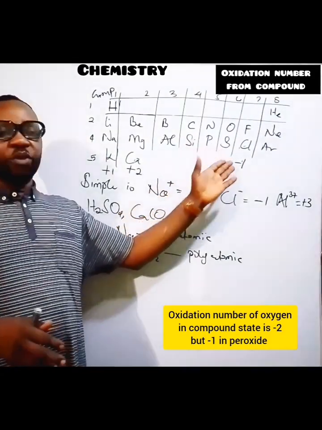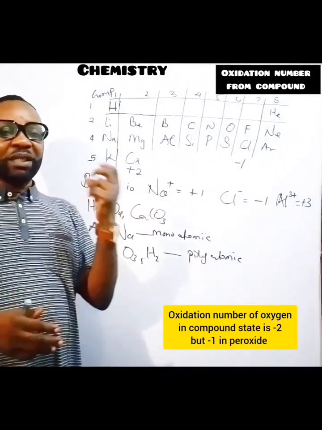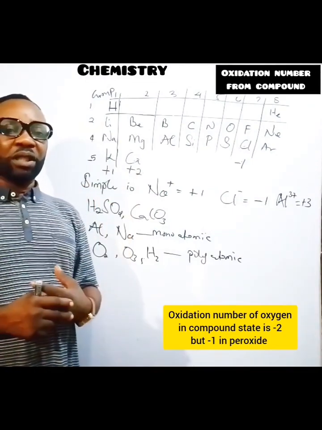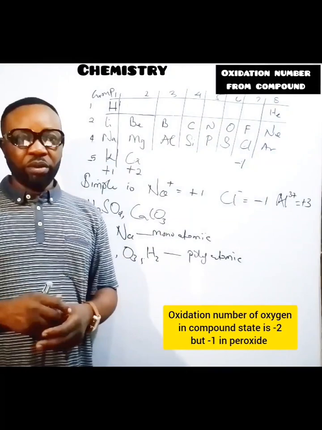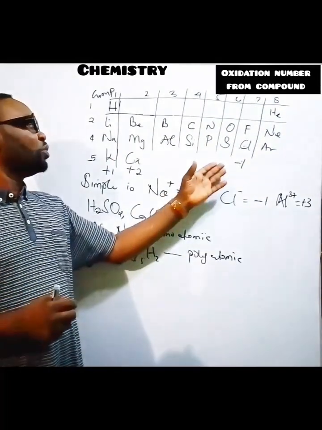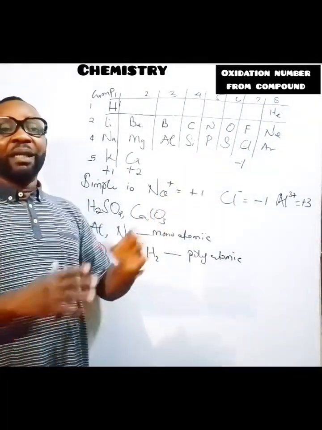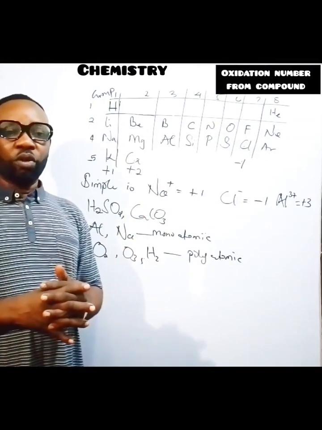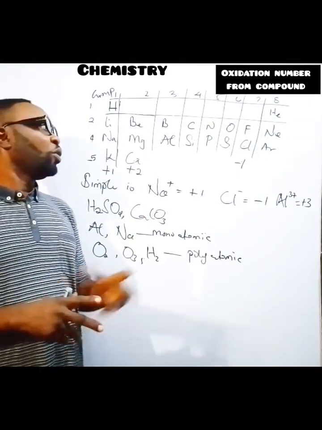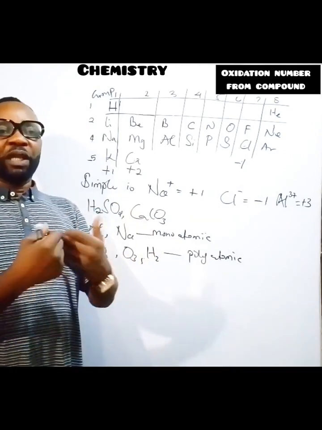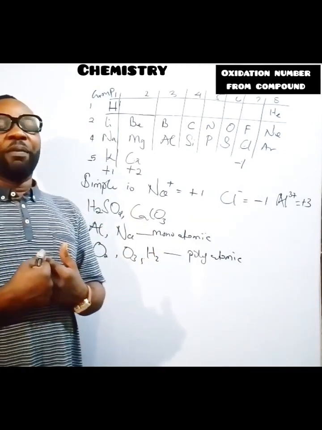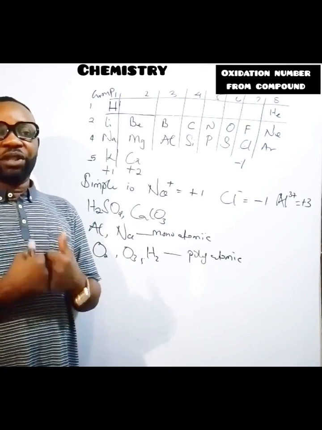Now, for it to accept 2 electrons, which means it is 2 electrons that oxygen is going to gain in order to attain the octet structure, these 2 electrons are what make its oxidation number in its compound state equal to -2. Why is it -2? Because it is going to accept electrons. Immediately it accepts electrons, it becomes negatively charged.